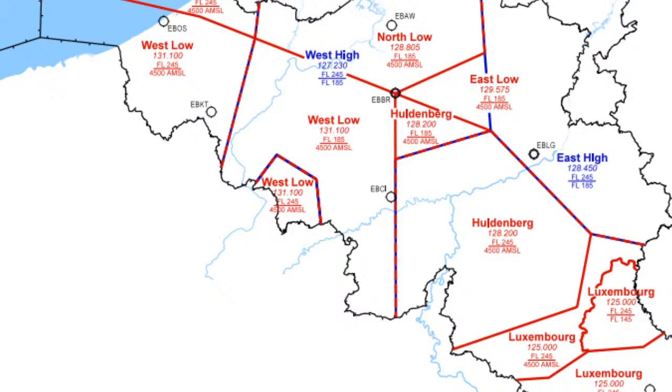All right, so this is how we sectorize ACCs, and the reason why we sectorize ACCs is because it would simply be too much traffic for one person to handle, of course, because for each of these sectors there's just one controller responsible.